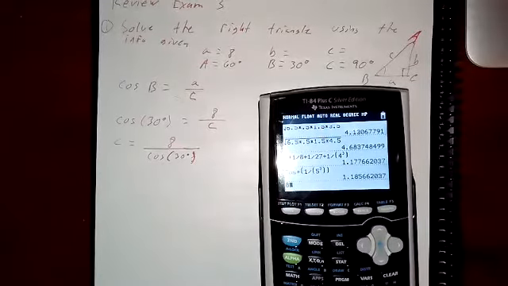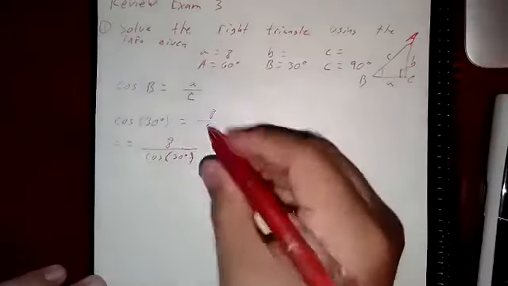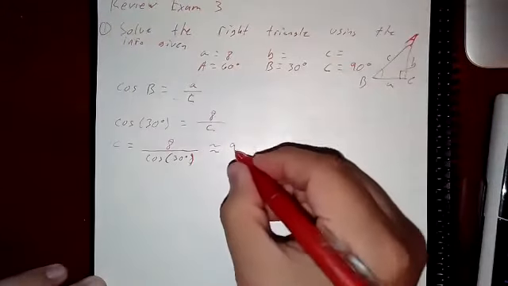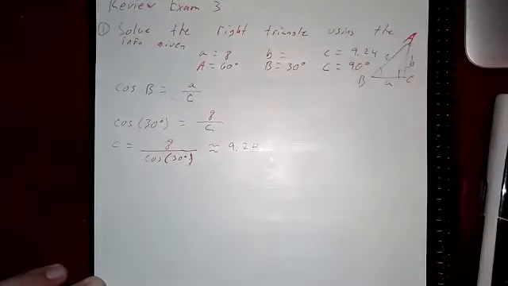All right, so then just plug it in. 8 divided by cosine of 30, hopefully I am in degrees, should be 9.24. They say round to 2 decimal places. Okay, you can do the same thing for B using tangent.